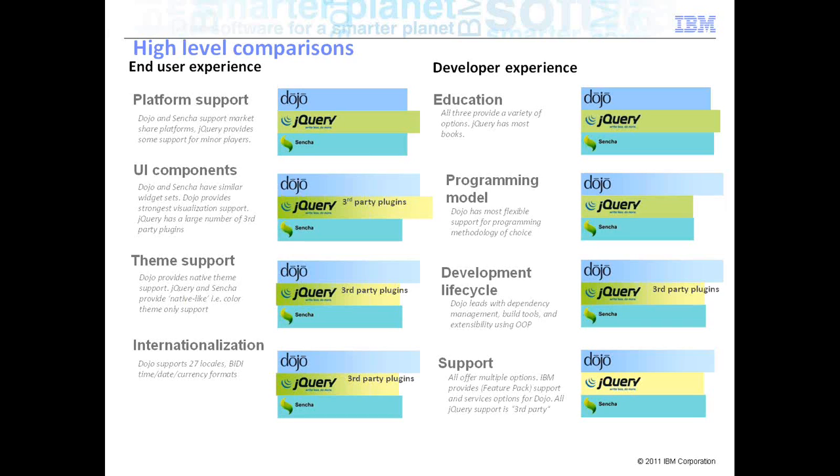The user experience is basically the UX, and I'll start with the user experience. Platform support: jQuery has wider support, even for minor players like Kindle, Bada, etc. If I talk about UI components, Dojo has the strongest visualization capabilities.